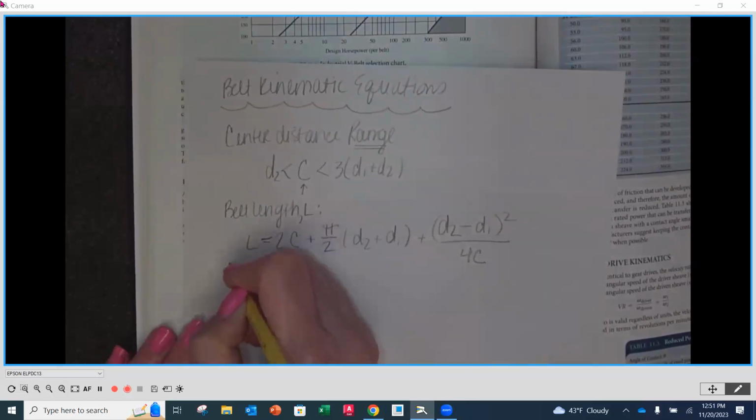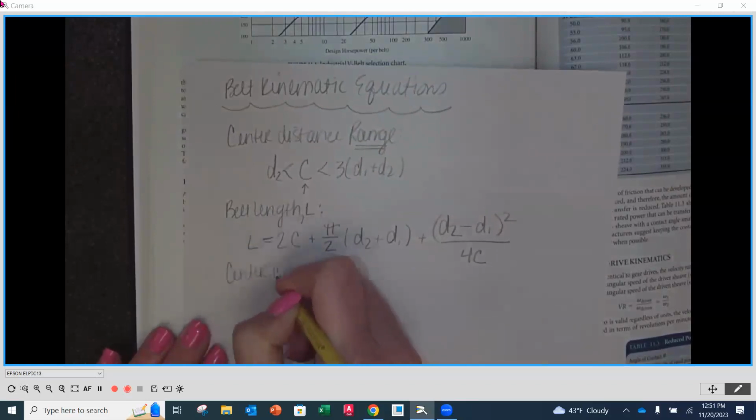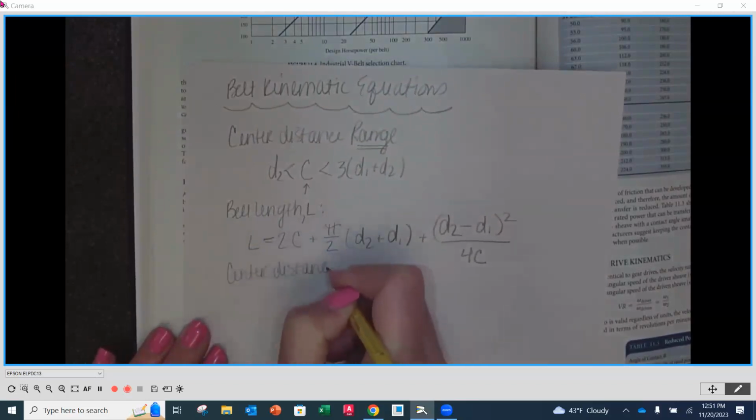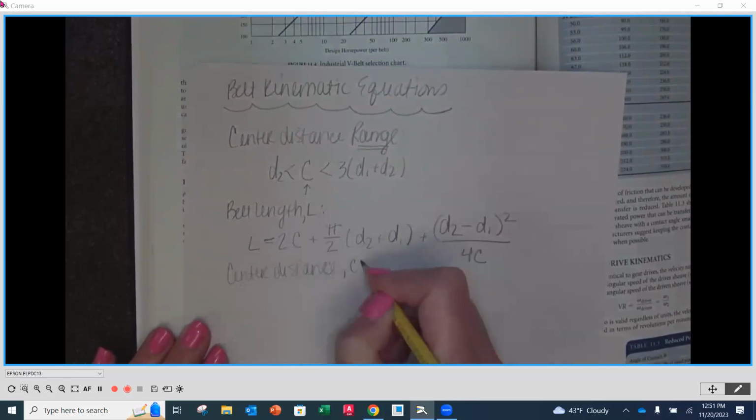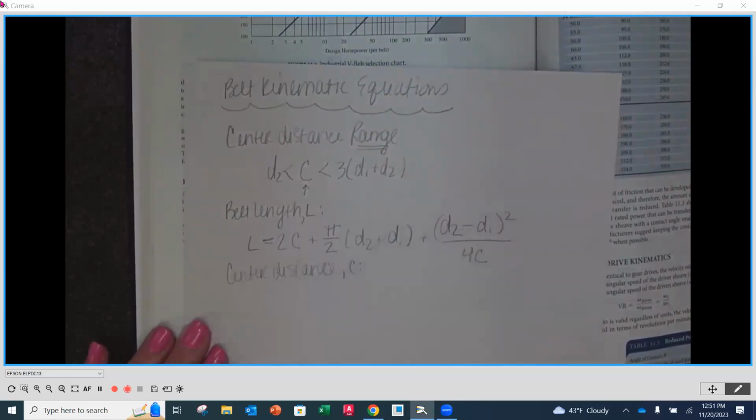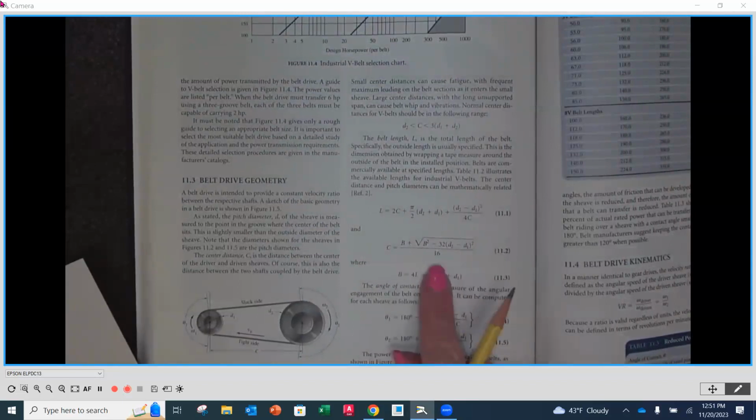And then the next one is going to be center distance, C. Okay. And that's going to be the equation we see here.